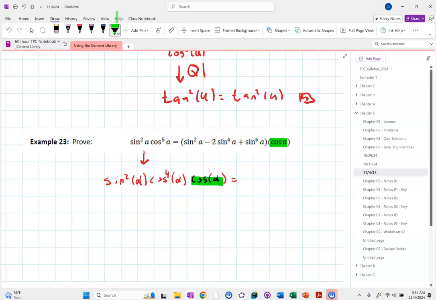Because that cosine at the end, I'm not touching that guy for the rest of the time. That part of my answer is set. Does everybody feel okay? Makes sense as to why I did that?